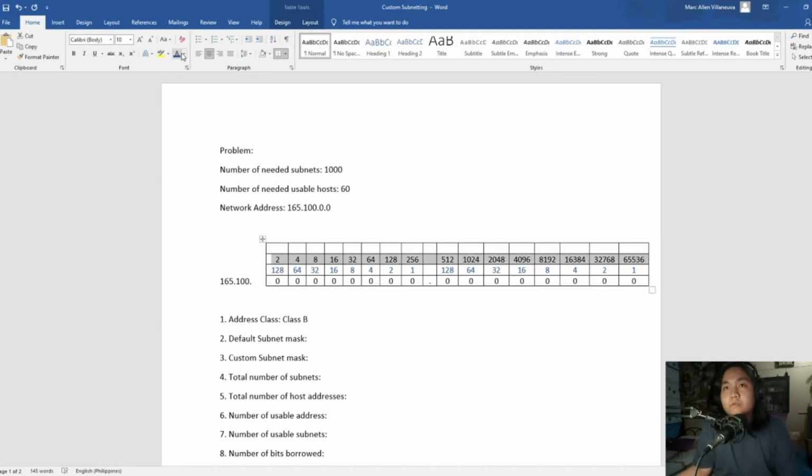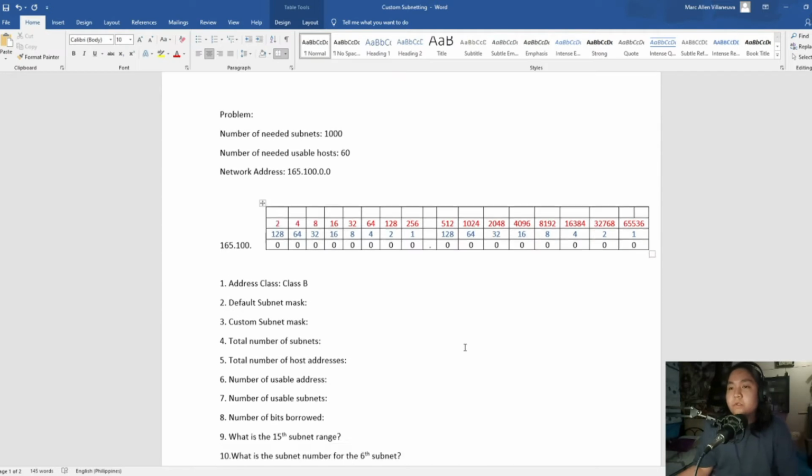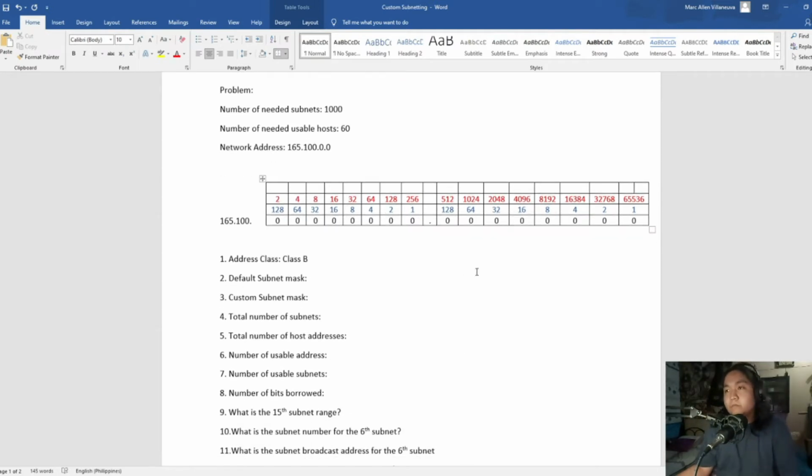Let's change it into color red, maybe, so you won't get confused. Now, the next step, you will be needing to write the host part, or the host address. What we will do is start from right to left this time. And same as before, we need to start at 2.